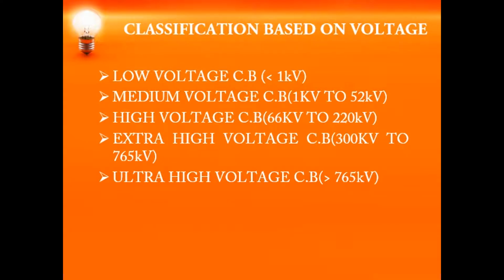So usually we know that there is low voltage, medium voltage, high voltage, and extra high voltage, right? So first one is the low voltage circuit breaker. If the circuit breaker rating is less than 1 kV, we categorize it as a low voltage circuit breaker. If the voltage range is between 1 kV to 52 kV, it is categorized as a medium voltage circuit breaker.